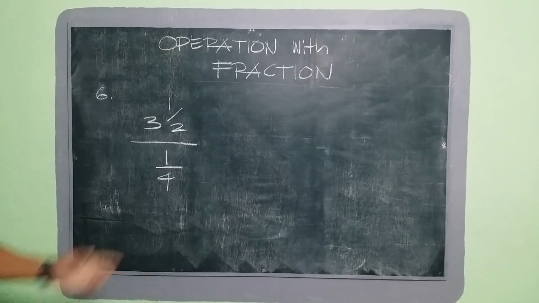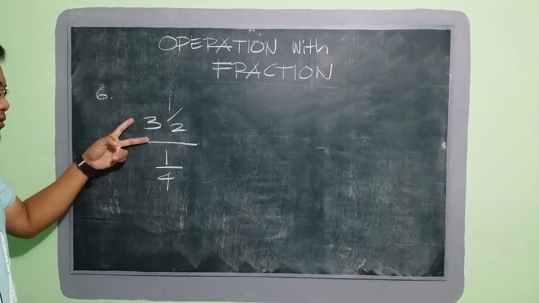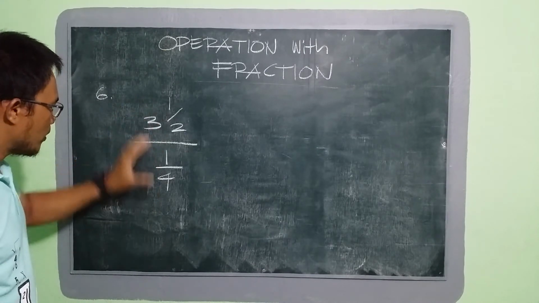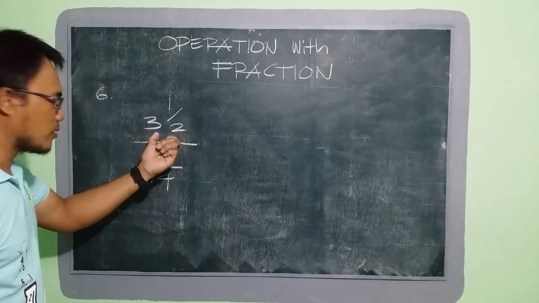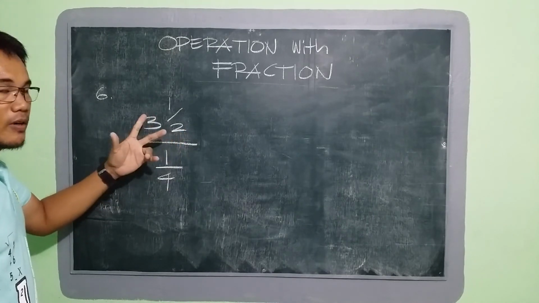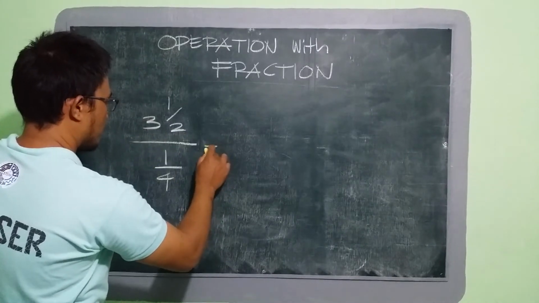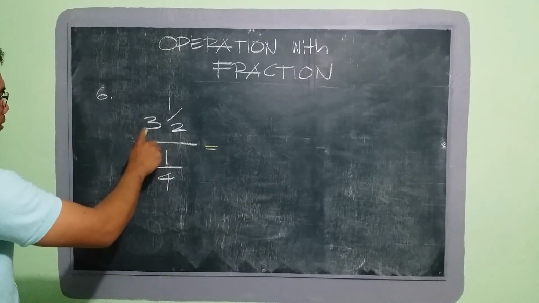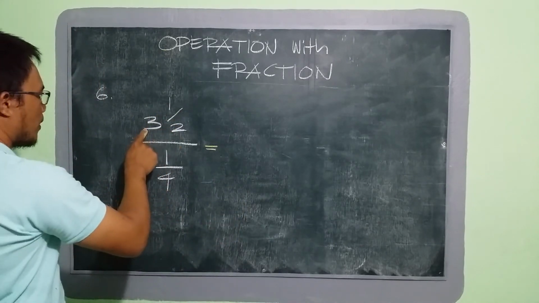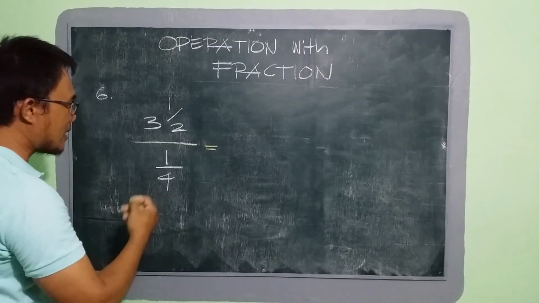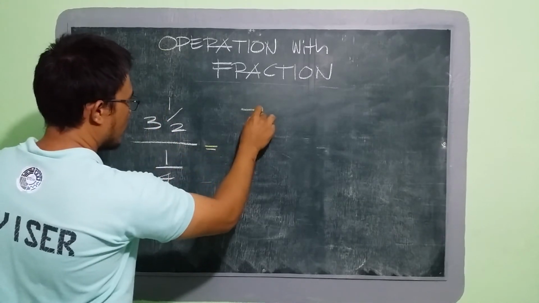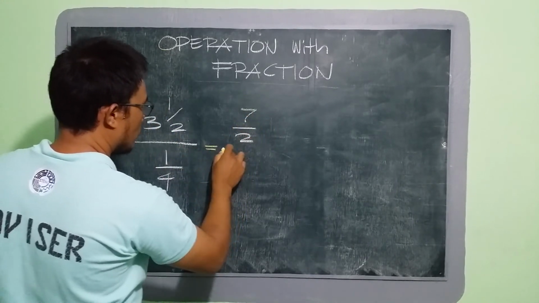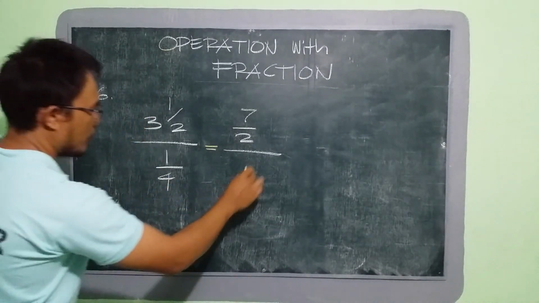Now, we have what we call a mixed fraction. So before we divide this one, we need to combine the two numbers to make it an improper fraction. To combine 3 and 1/2, you have to multiply 3 times 2, that is 6, plus 1, that is 7, all over 2, divided by 1/4.